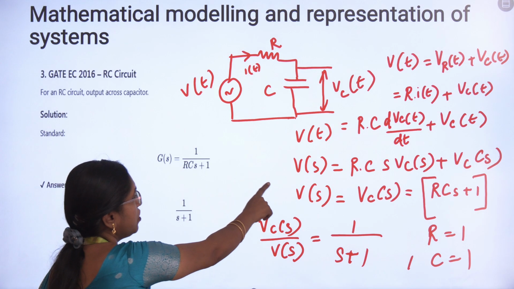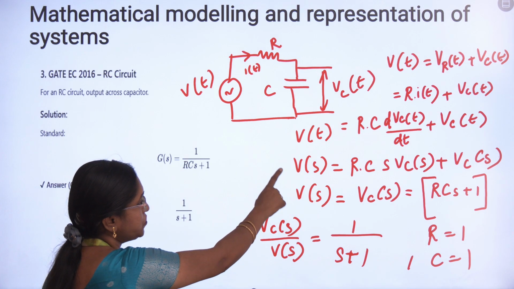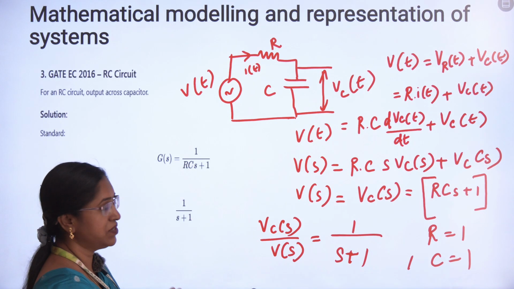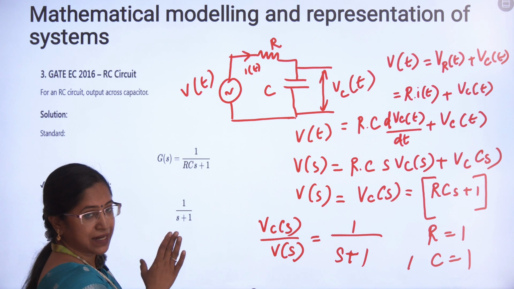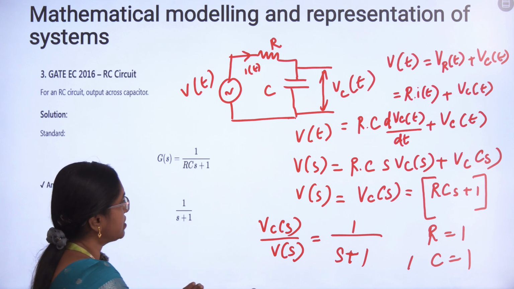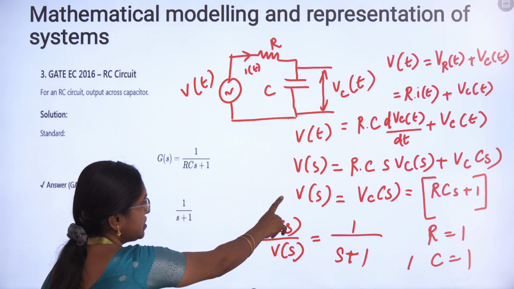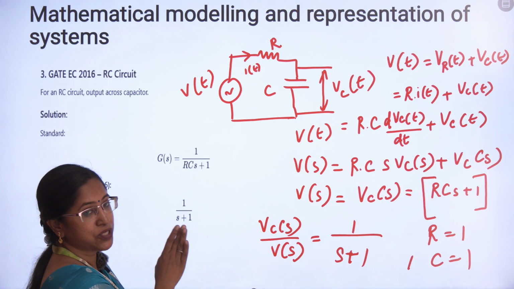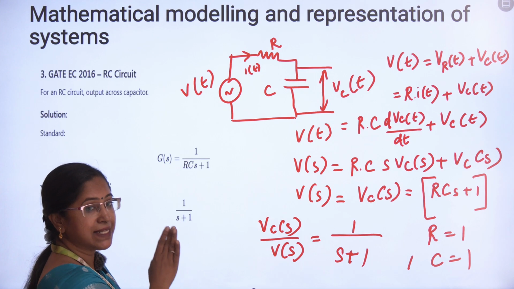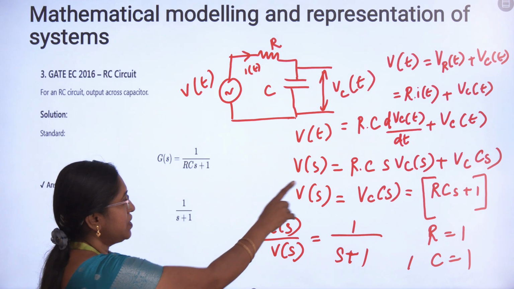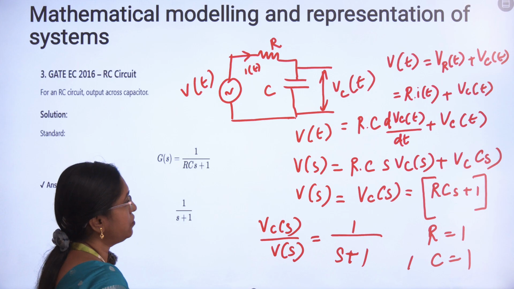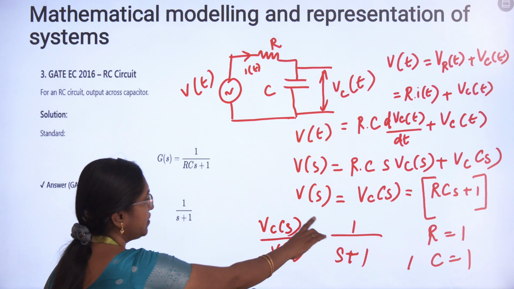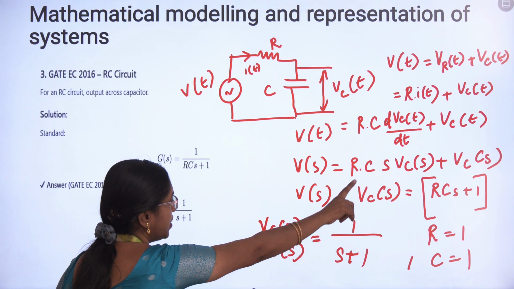So the total voltage V of t is equal to R into C dVc of t by dt plus Vc of t. Now we are going to take the Laplace transform. When you take the Laplace transform, V of t becomes V of s, which is equal to R into C into s into Vc of s plus Vc of s. Now Vc of s is taken commonly outside, which gives you RCs plus 1 inside.